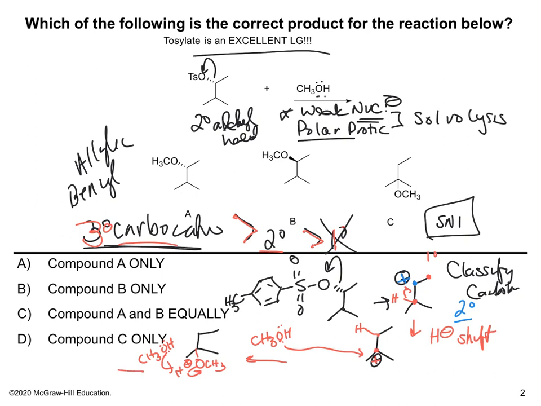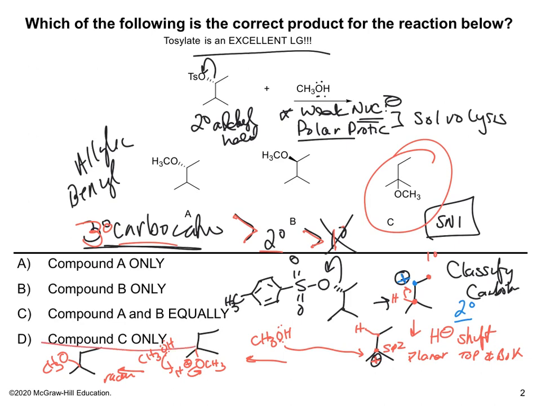And now, because the carbocation is sp2, it's flat. Remember, that's planar. So that means the nucleophile can come from the top and the bottom. And when it comes from the top and the bottom, you get a racemic mixture. So you can just do that by not showing stereochemistry. So C is your answer, and it would be C only.